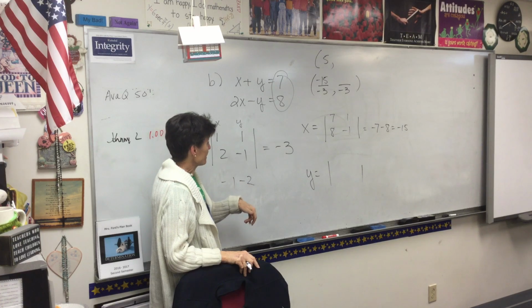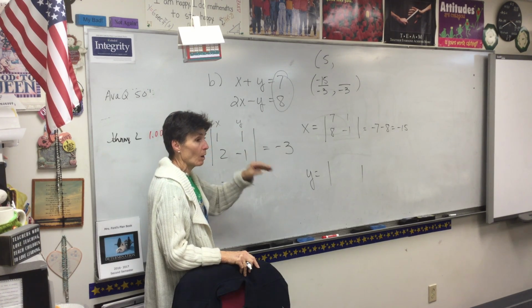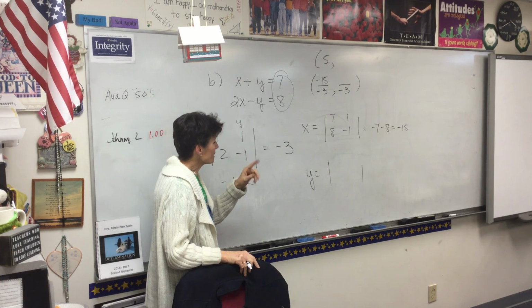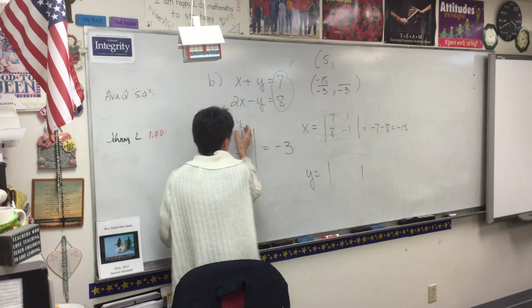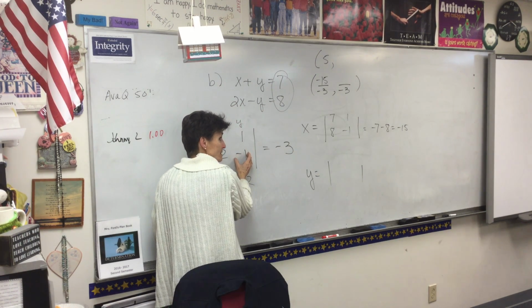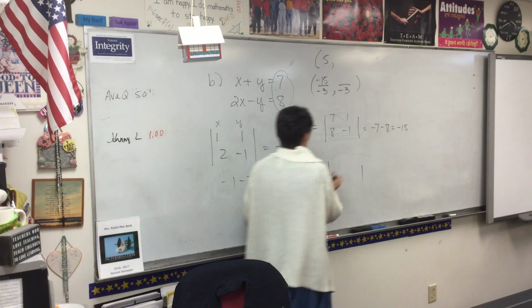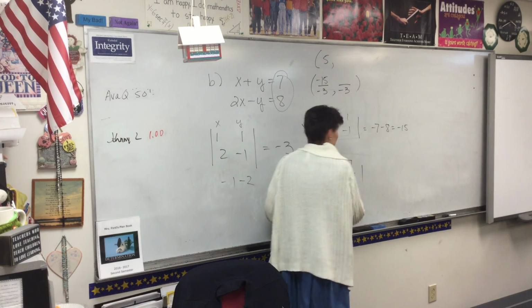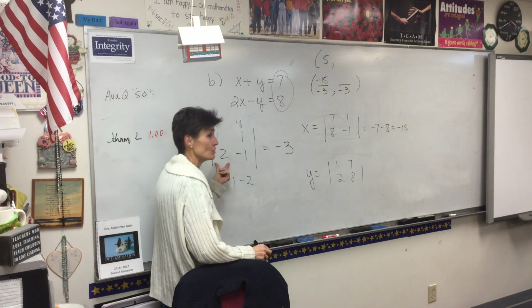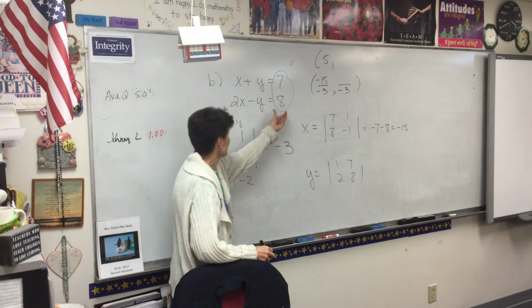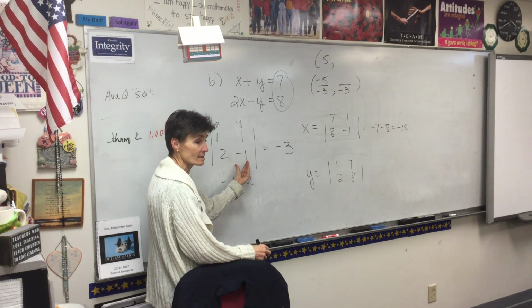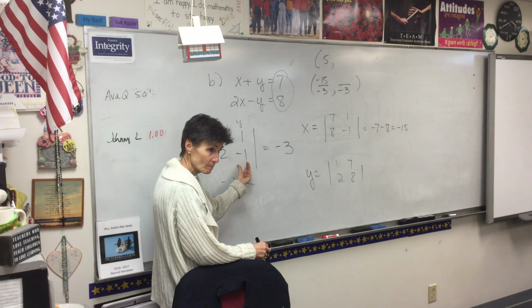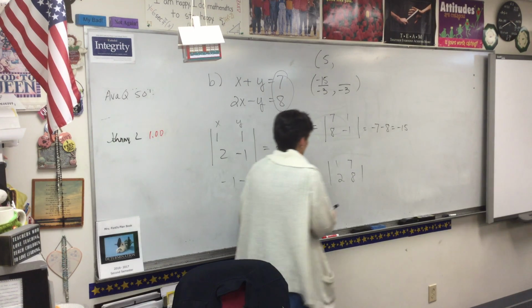Now, what about y? What am I going to do to find my y? Same thing, only the 7 and the 8 are going to cover up the y's. So I have 1, 2, 7, 8, because the 7 and the 8 cover up the y's. Mason, pay attention? No. So here we go.